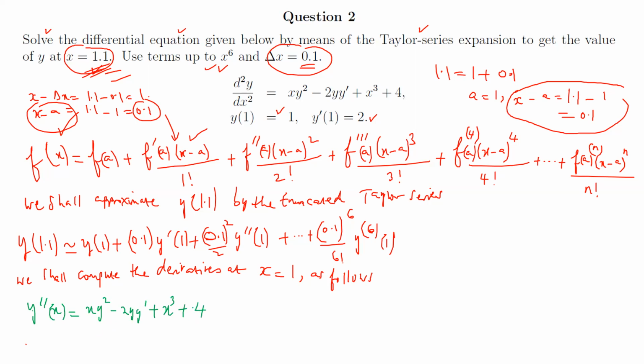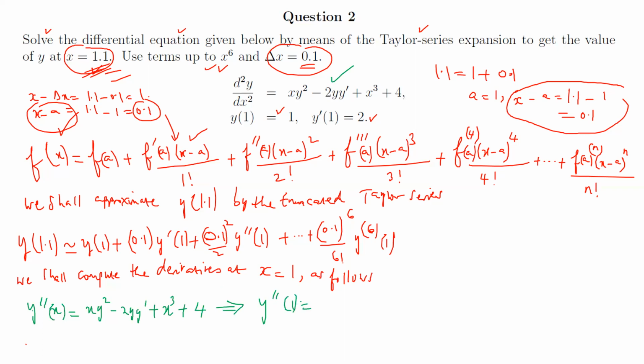There is exactly nothing new here. This is exactly the given differential equation. But now we need to compute this. So we can find the second derivative and evaluate it at 1.